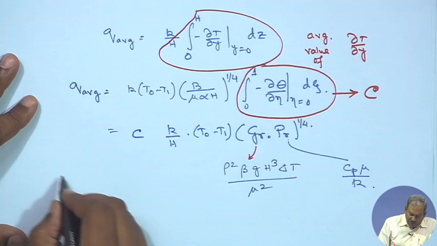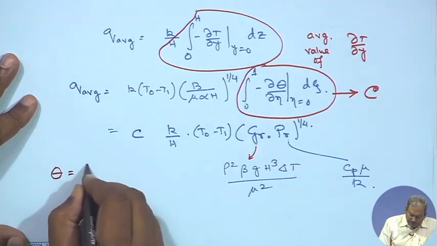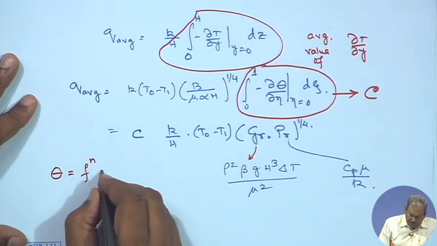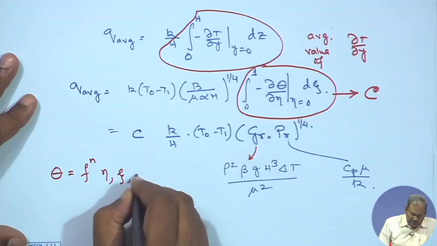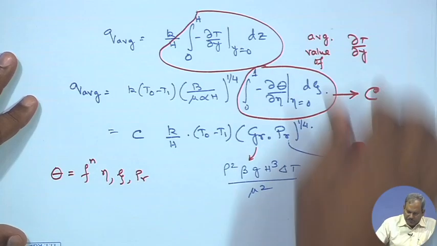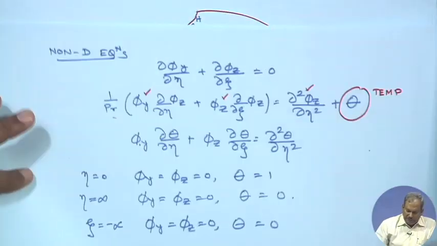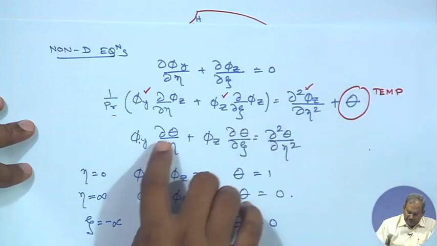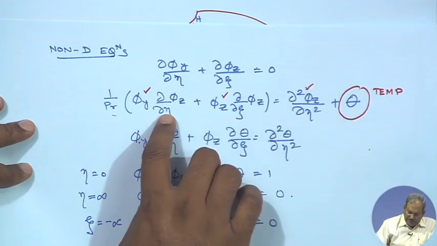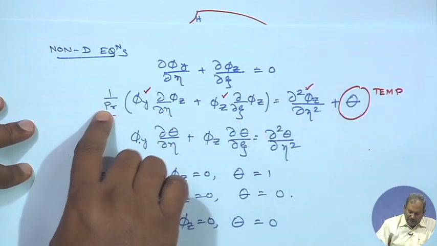Now, what is this? We understand that this theta is going to be a function of eta, zeta and Prandtl number. If you look at the governing equation, then this theta would simply be a function of eta, zeta and the constant Prandtl number.